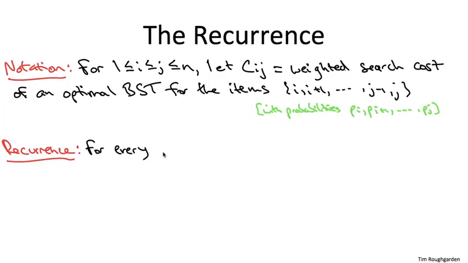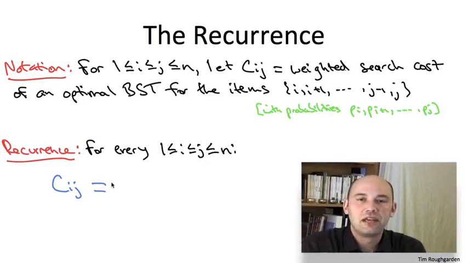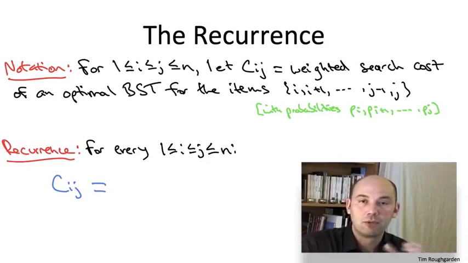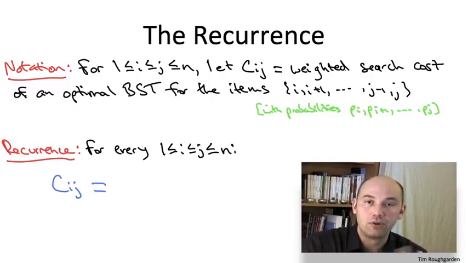So now let's state the recurrence. For a given subproblem, C_ij, we're going to express the value of an optimal binary search tree in terms of those of smaller subproblems. The optimal substructure lemma tells us how to do this. The optimal substructure lemma says that if we knew the root, if we know the choice of the root r, which here is going to be somewhere between the items i and j, then in that case, the optimal solution has to be composed of optimal solutions to the 2 smaller subproblems united under the root.